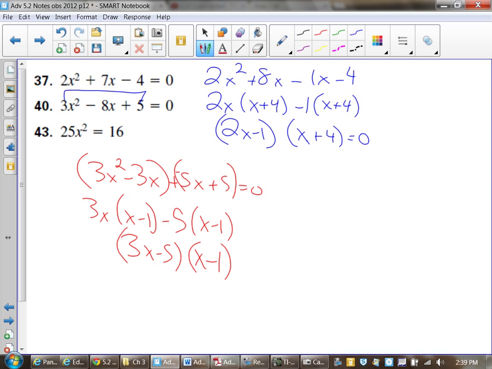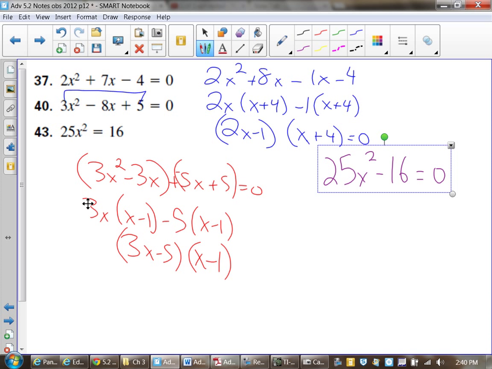And then lastly, 25x squared equals 16. Is one side equal to 0? No. Move it. You get 25x squared minus 16 is 0. Is this a perfect square? Yeah. Is 16 a perfect square? Yeah. Is that a subtraction symbol? Yeah. What's the square root of 25? 5.